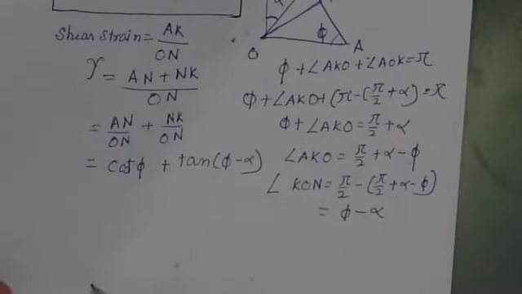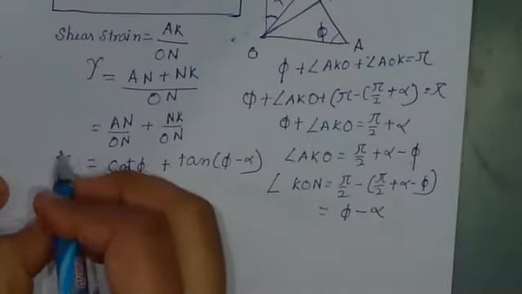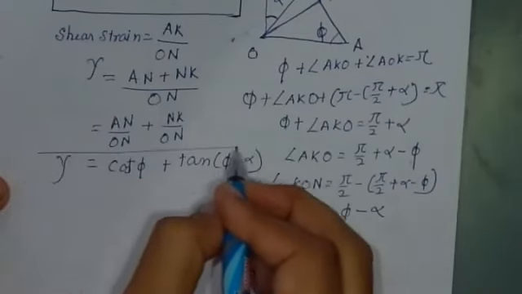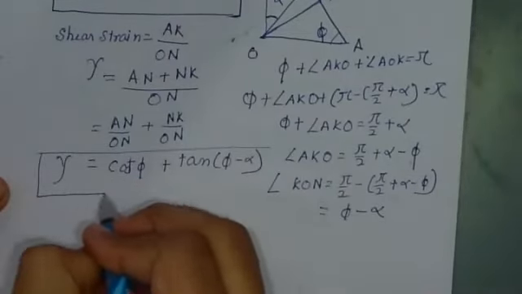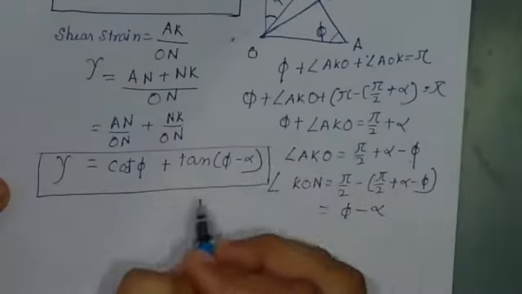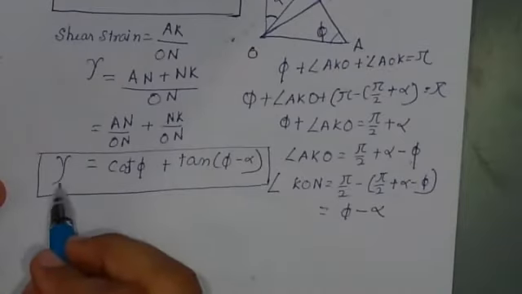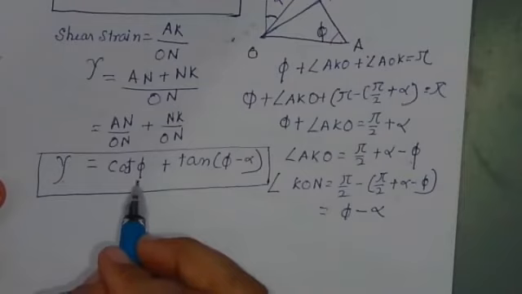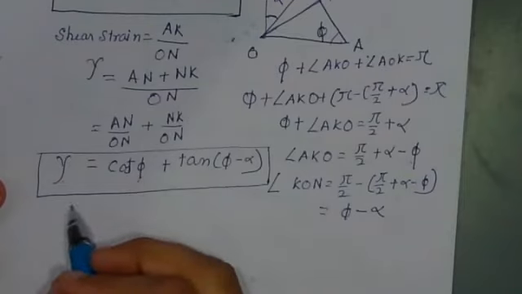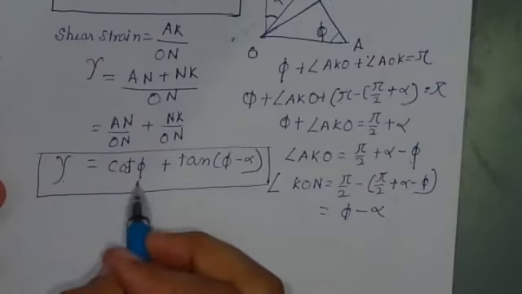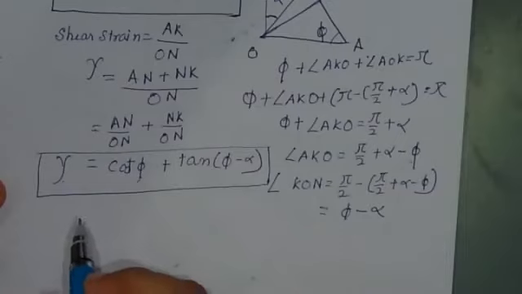So gamma, which is shear strain, is a function of two angles, that is shear angle phi and rake angle alpha. Also, you must understand that it is inversely proportional to angle phi. So if you increase the angle phi, the shear strain will reduce.